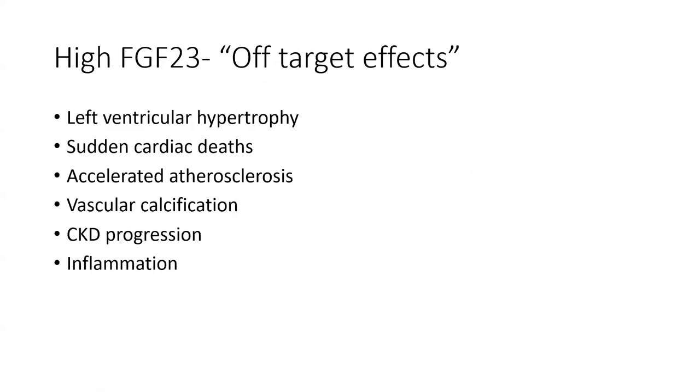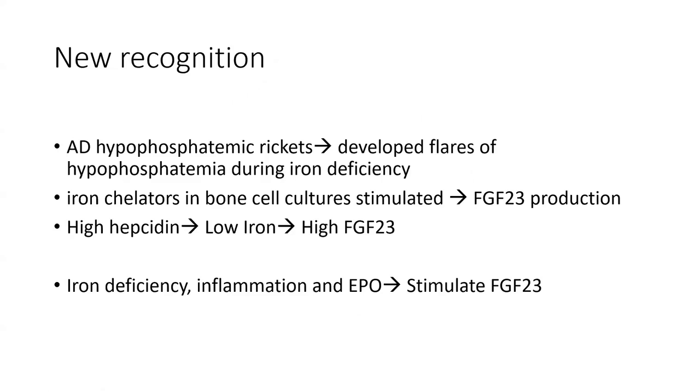Now, of late, some off-target effects of FGF23 were identified, like left ventricular hypertrophy, sudden cardiac arrest, accelerated atherosclerosis, vascular calcification, CKD progression, inflammation. So this led to the new recognition in patients with autosomal dominant hypophosphatemic rickets, that was the reason why FGF23 was discovered.